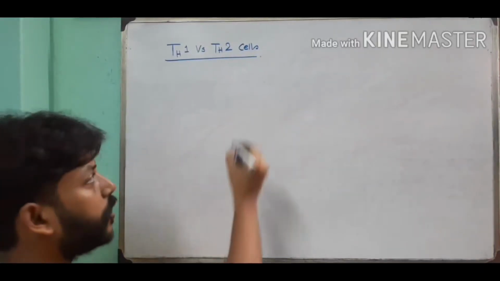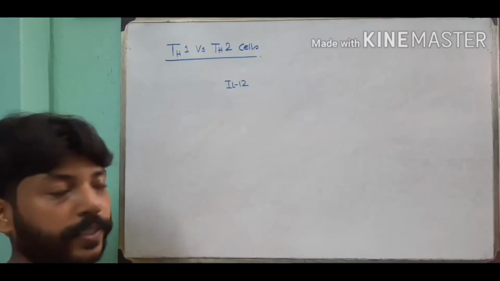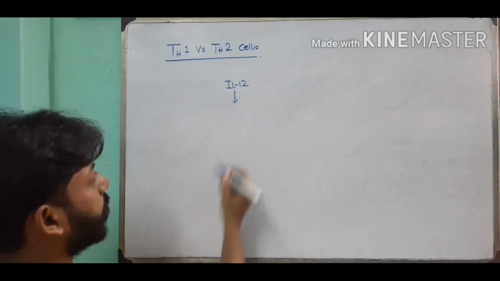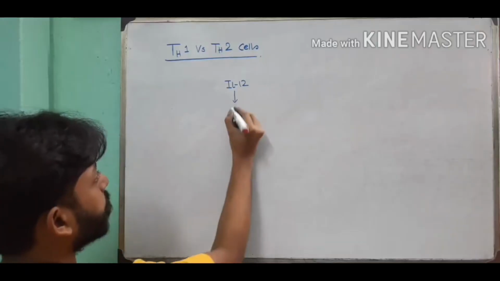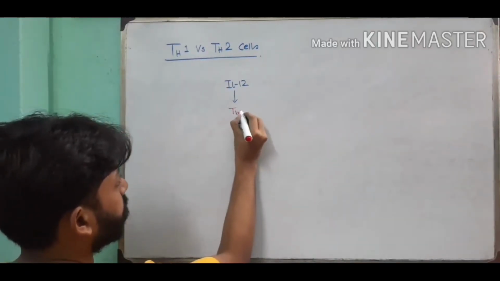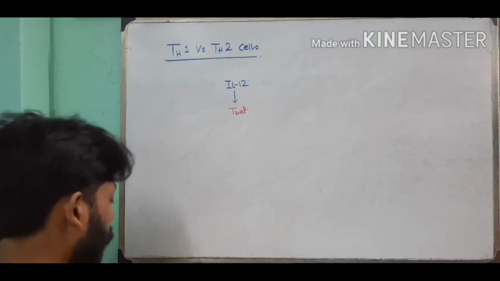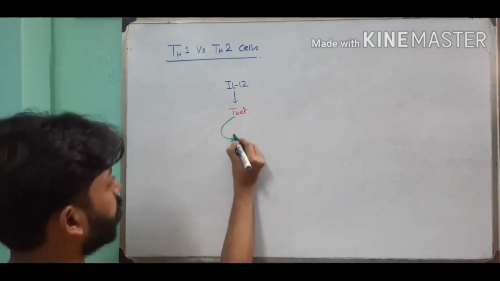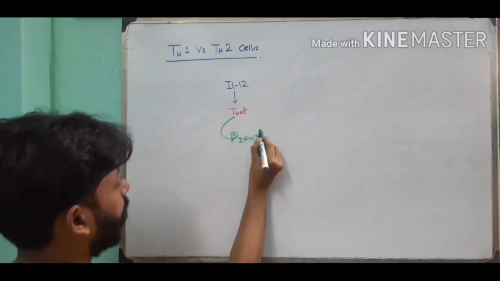TH1 cell is generated in response to IL-12. When IL-12 is received by the helper cell, it starts to express a master regulator that is called TBET. This TBET positively induces production of IFN-gamma.